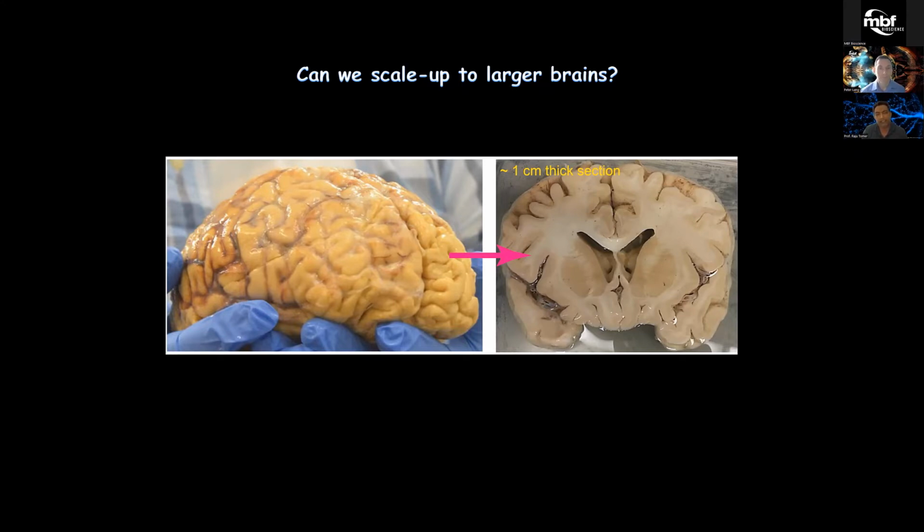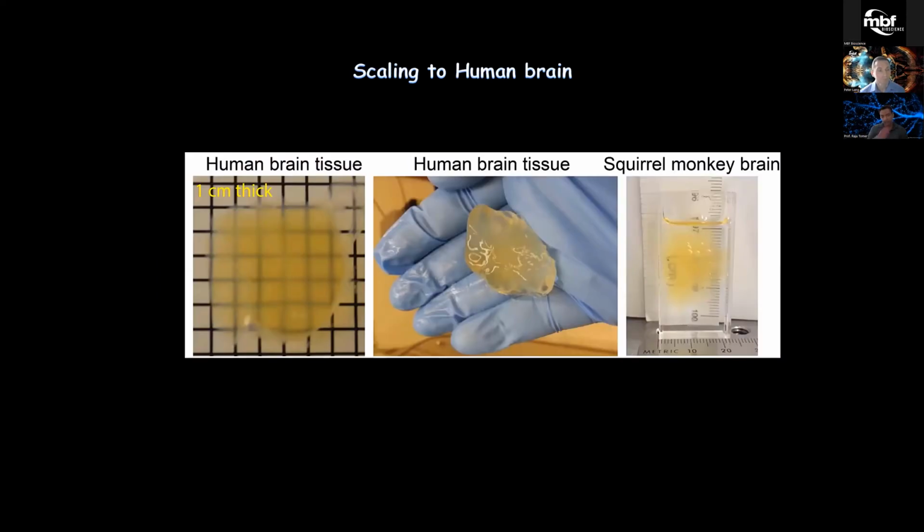For example, a centimeter thick slab of human brain, right? So if we have methods to make them transparent and label them, then we need to be able to image them to take full advantage of that, right? So there is a lot of work happening on the tissue clearing and labeling front.